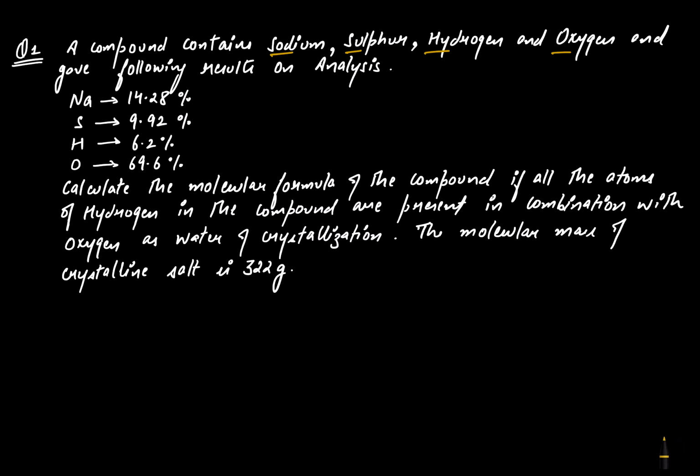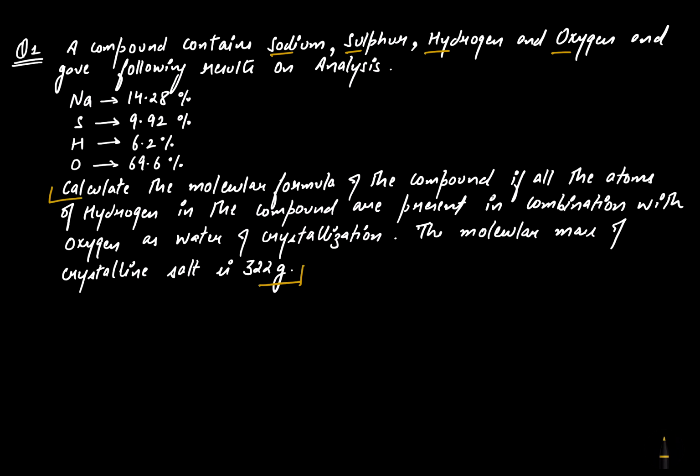That's in percentage. Sodium is 14.28%. Further he is asking, calculate the molecular formula of the compound if all the atoms of hydrogen in the compound are present in combination with oxygen as water of crystallization, and the molecular mass is given.